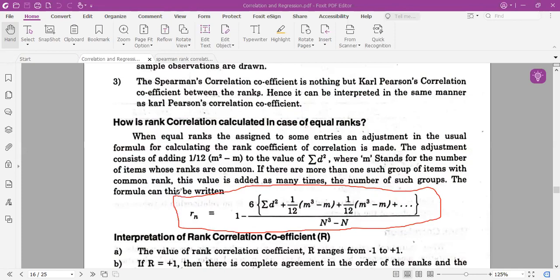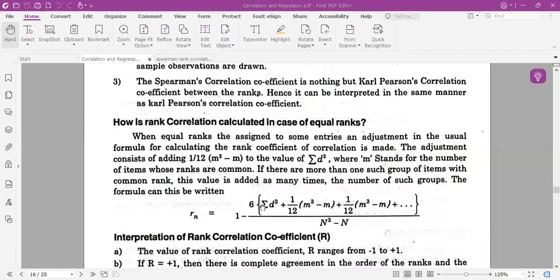So m tells how many sets of repetitions there are. Within a set, if a value is repeated two times, then m1 will be 2. Similarly, the values of m2 and m3 are going to vary. I'm going to explain this later with a set of examples, then you will understand.